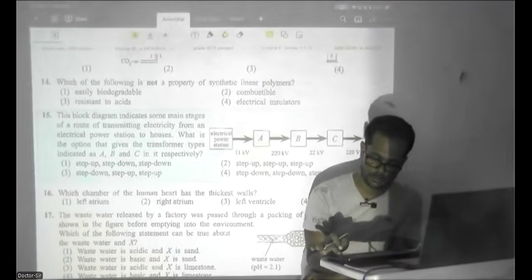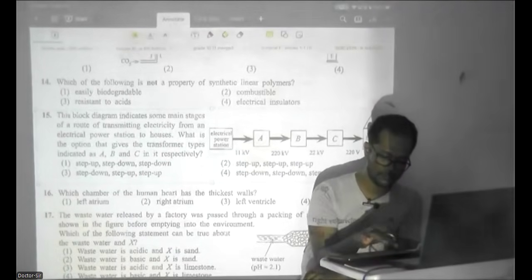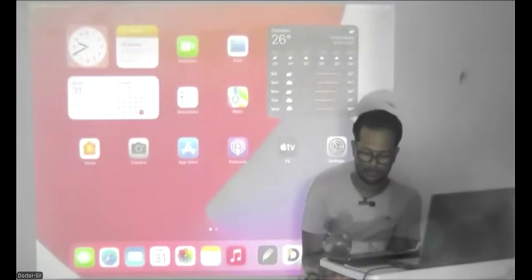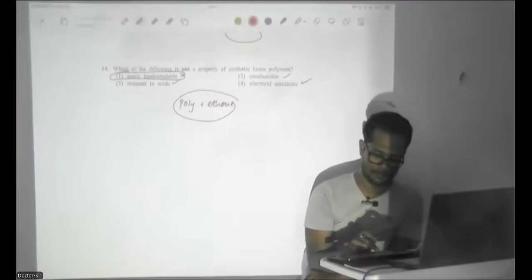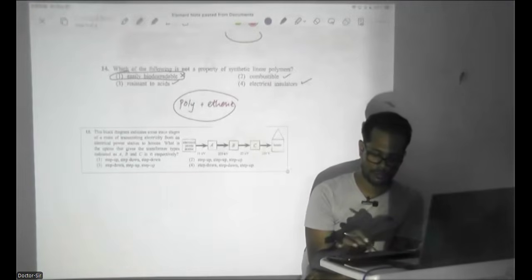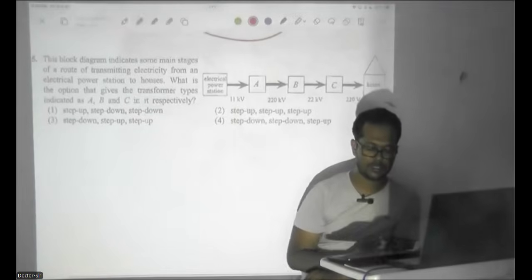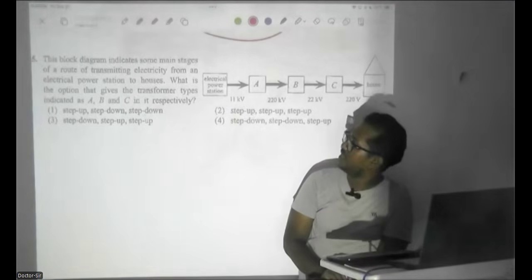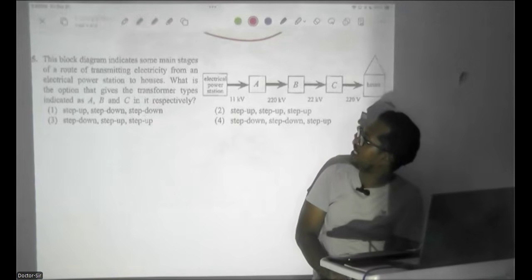Now we move on to question number 15. This block diagram indicates some main stages of the route by which electricity is transmitted from the electric power station.